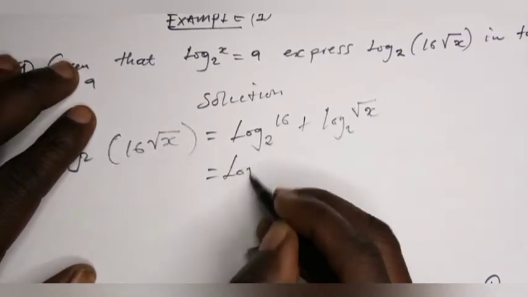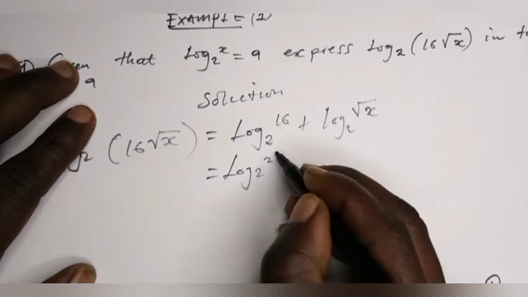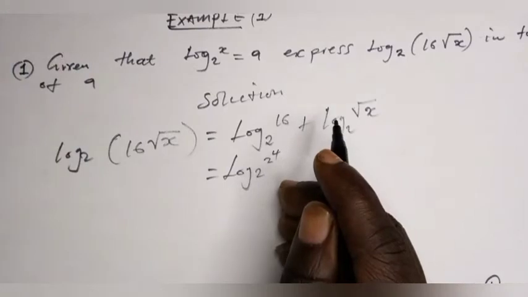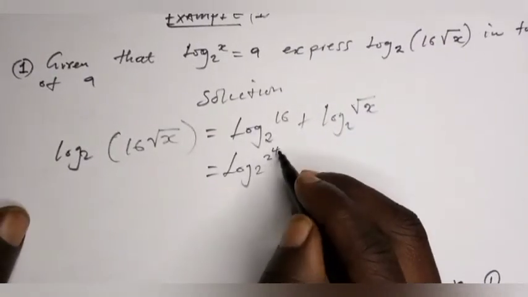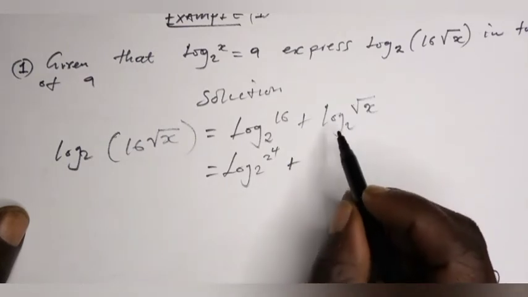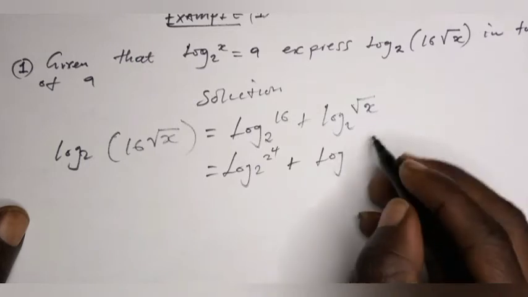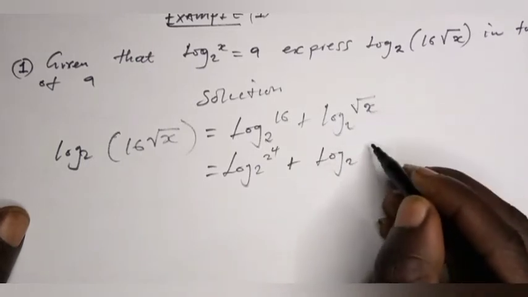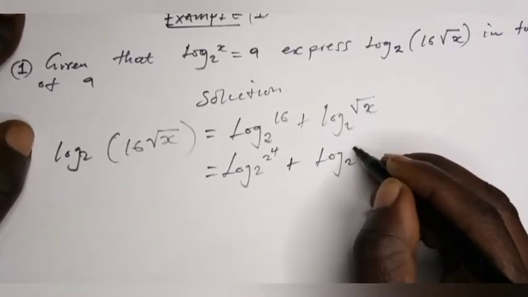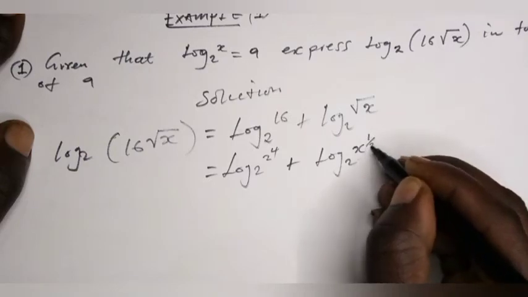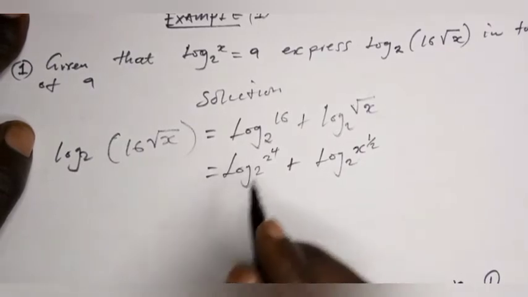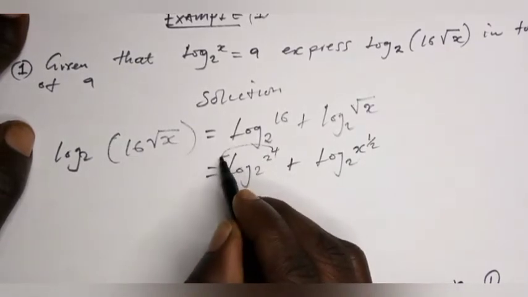Then it will be log base 2 of 2 to the power 4, because the fourth power of 2 is 16. Then plus log base 2 of the square root of x. Let's present it in the other way. The square root, we all know, is x to the power half.